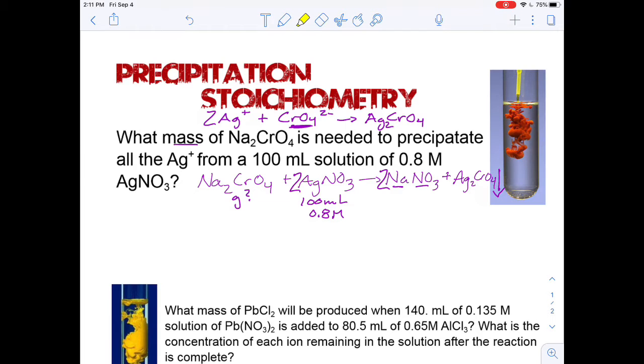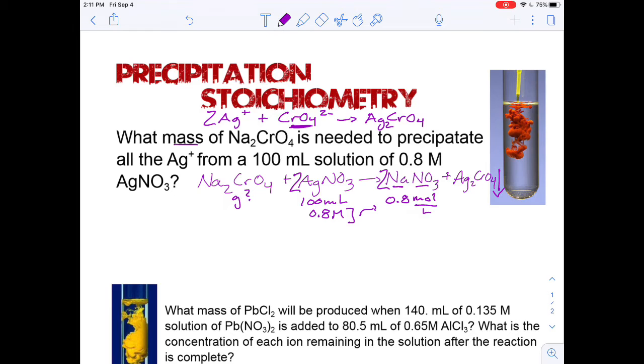One quick thing to know: when I say molar, your mind needs to go to the fact that it's actually that many moles per liter. That's a big deal. So I'm going to do this all in one step, going from my silver nitrate to my sodium chromate.